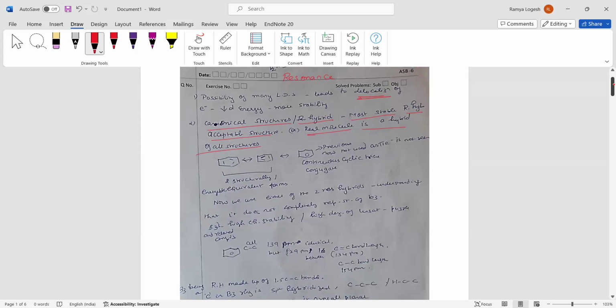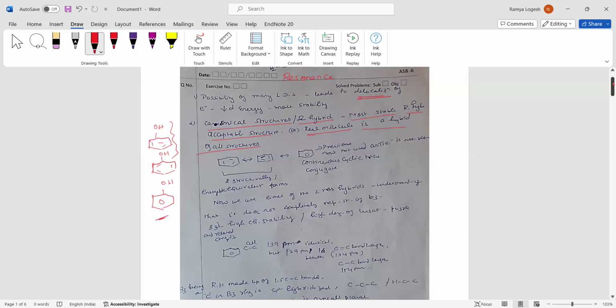Okay. So see, for example, if I'm going to show you like this. Aren't they the same? I can exhibit both of them and both of them are the same. And I can also say this is also the same, because I understand that this pi electron cloud just keeps on delocalizing throughout this molecule. So generally benzene is shown like this, isn't it?